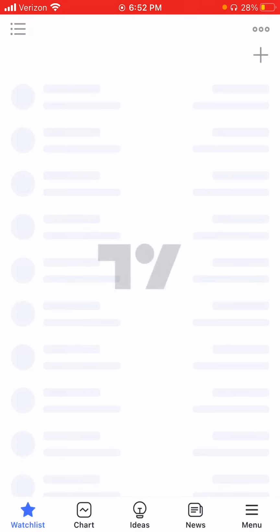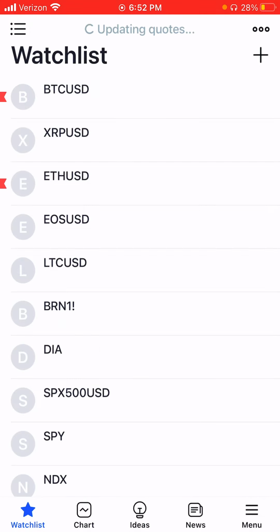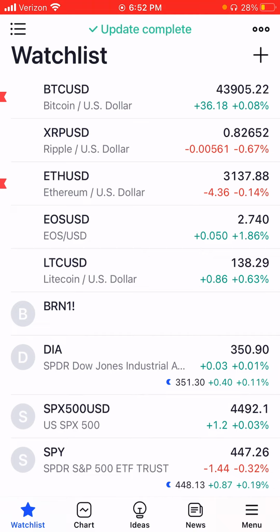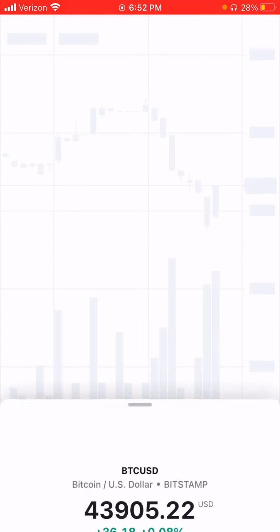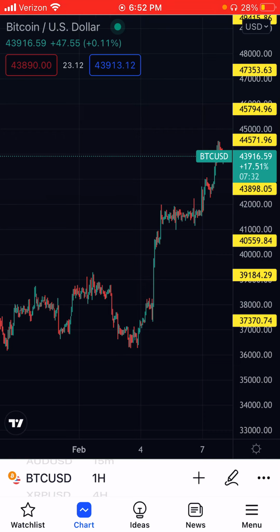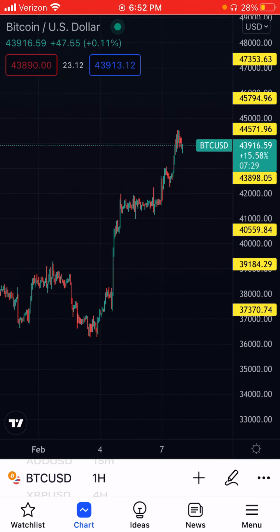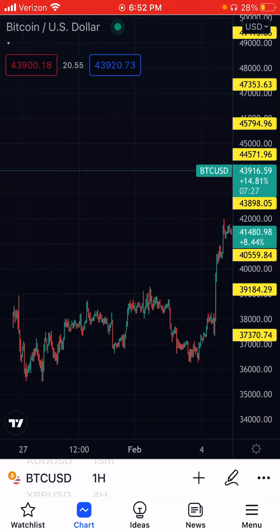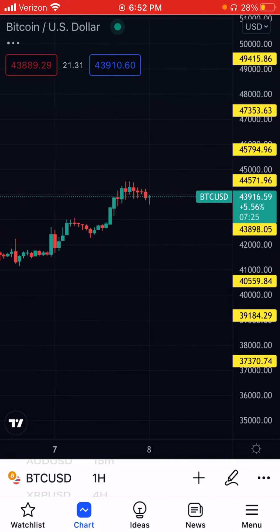Go to TradingView. Go to my watch list. Biddy, launch the chart. And I'm gonna be quick on here, right? If this loads up, goodness. All right. So you see right here.